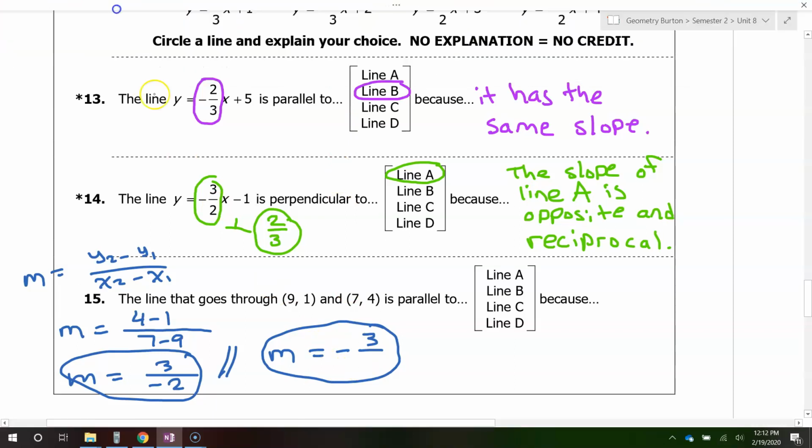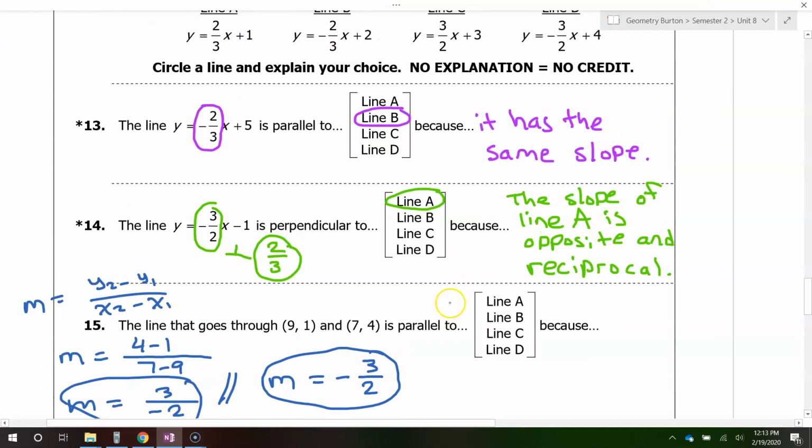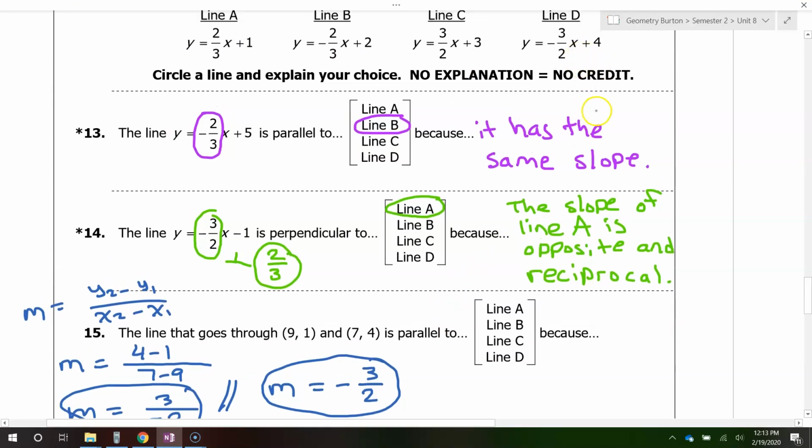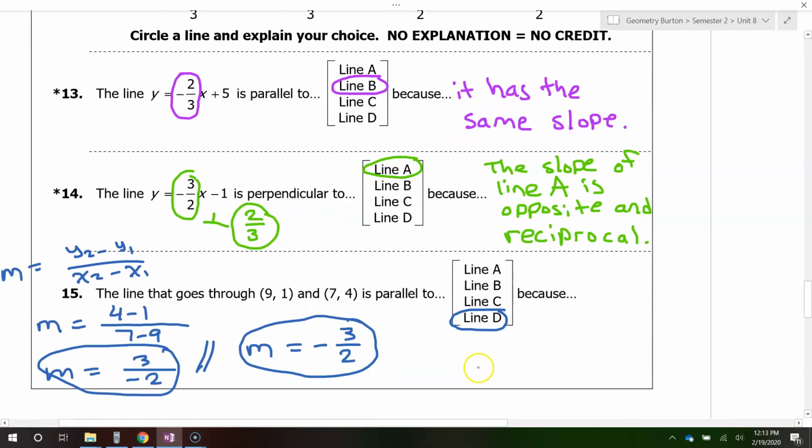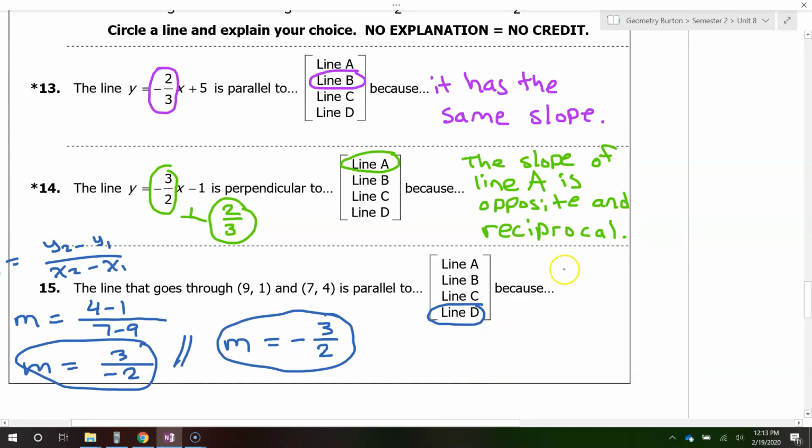So which line has a slope of -3/2? That is going to be line D. All right, see that big old -3/2 in the front? So it's going to be parallel to line D because line D has the same slope. I'm just going to say it has the same slope.